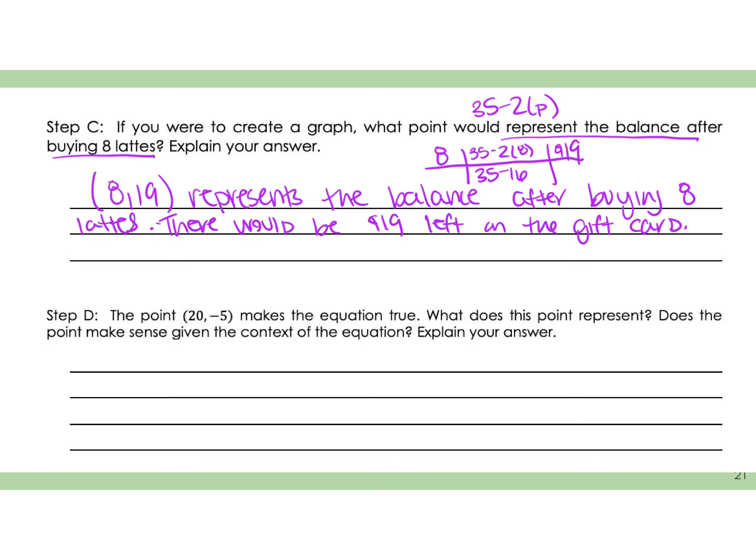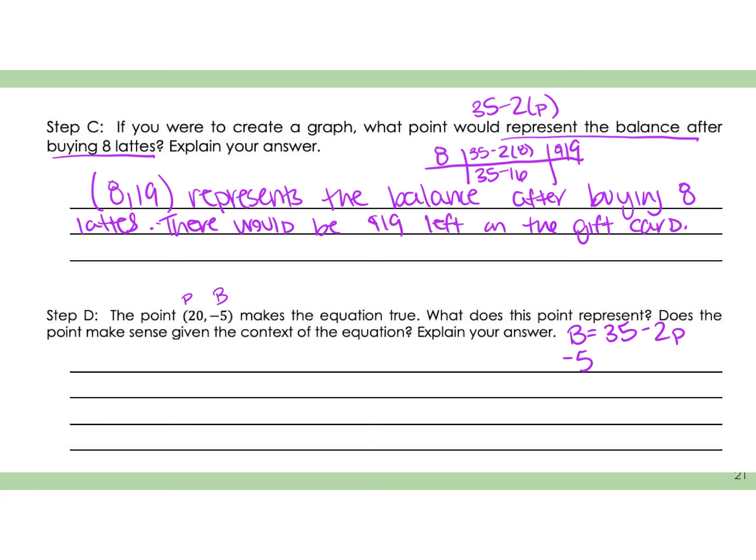Okay? Last part. The point (20, -5) makes the equation true, meaning B equals 35 minus 2P. Okay? This is my number of lattes, and this is my balance.